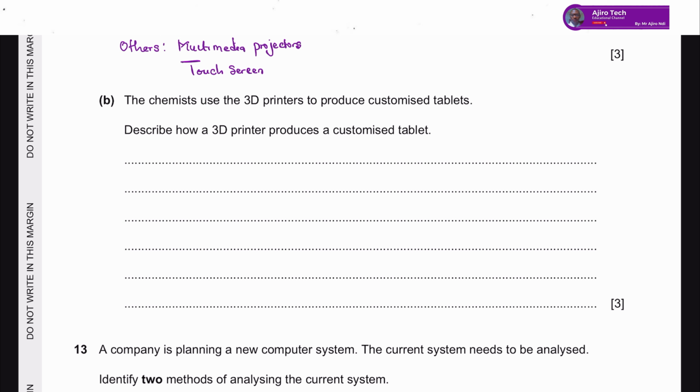A chemist used the 3D printer to produce customized tablets.